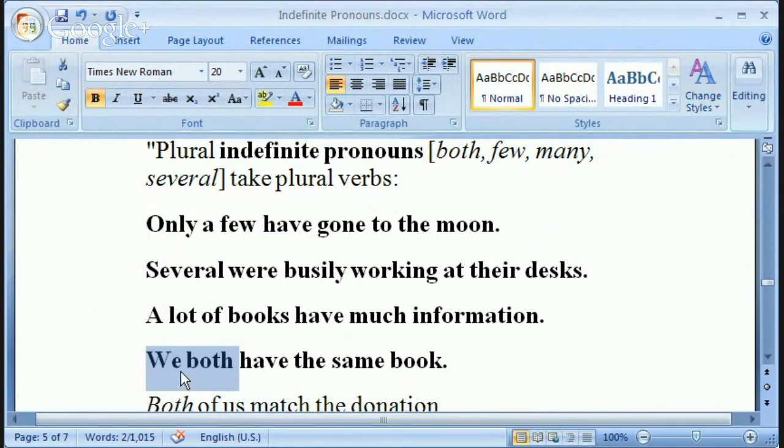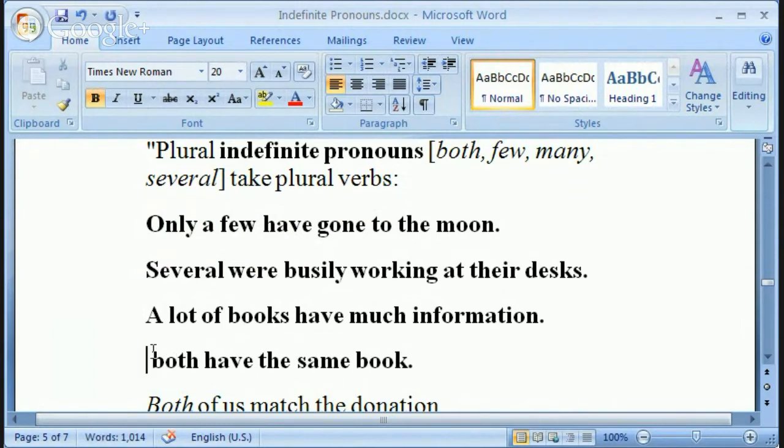Now, technically speaking, I could eliminate either one. In this case, it's a regular pronoun. If I have we both, I could eliminate we. Both have the same book.